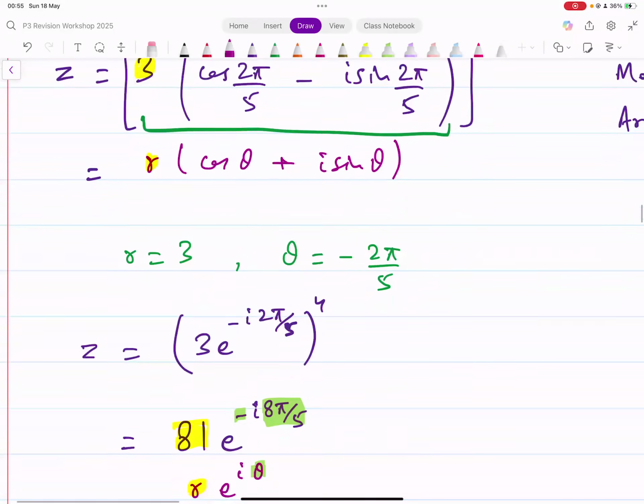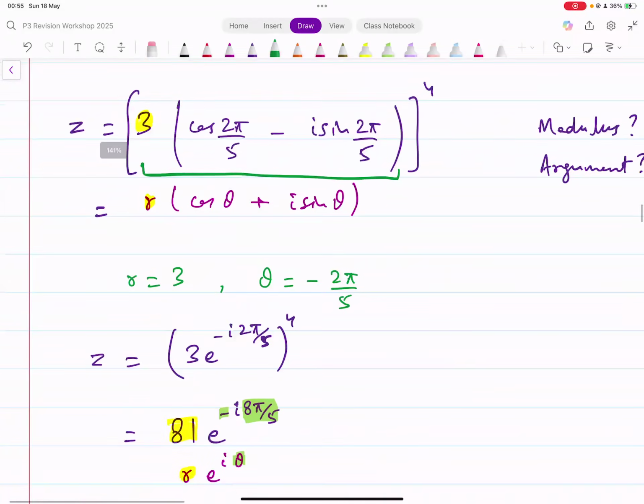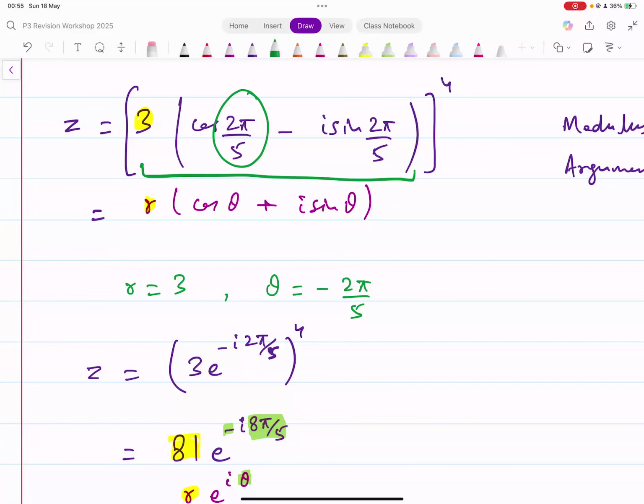I'll show you how. So this is the complex number: cos 2 pi over 5 minus iota sine 2 pi over 5, and we've got 3 outside. What we can do is look at this complex number. The modulus of this complex number is 3, and the argument, because of this negative sign, is minus 2 pi over 5. So we can write this in re raised to power iota theta form.